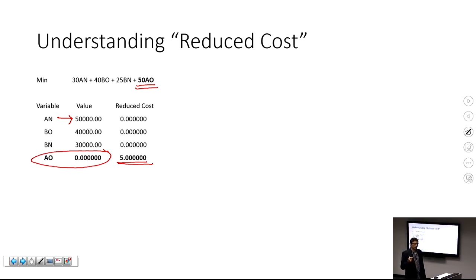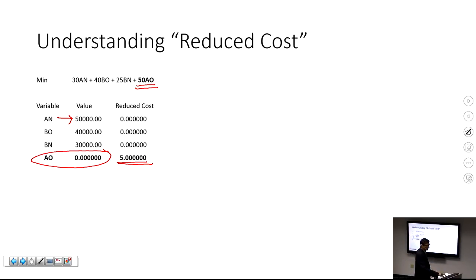Now, in the context of minimization, improvement means a reduction in price or the reduction in cost, okay? So at the moment, cost is 50. The cost needs to improve by more than 5. So if you reduce that cost somehow to 44, then you should be able to see product A being made on the old production line.